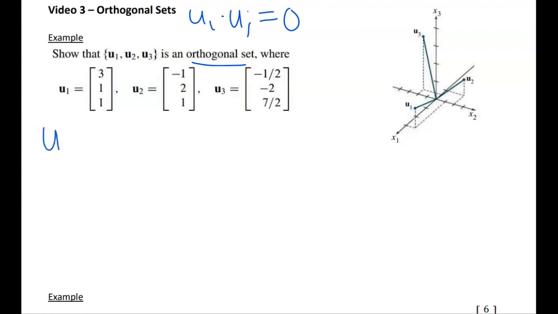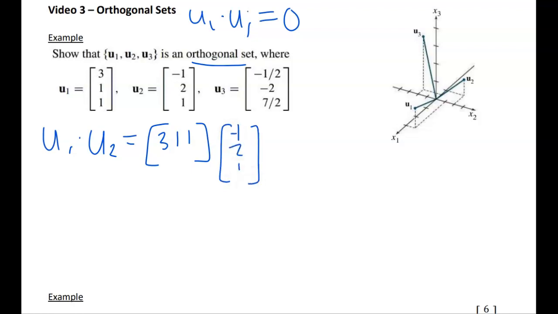So we need to do u1 dot u2, so 3, 1, 1 with -1, 2, 1, and I get -3 plus 2 plus 1, and that's 0. I need to do u1 with u3.